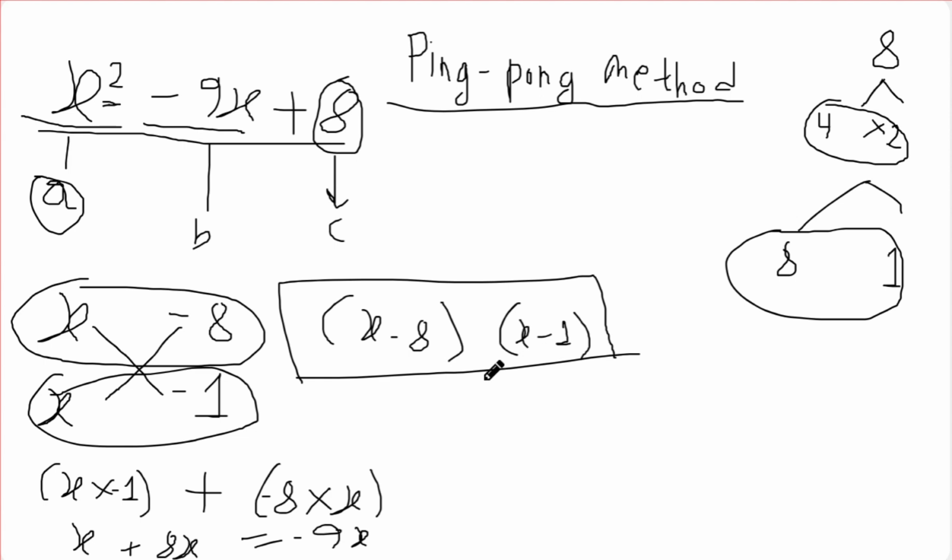And if we were to solve this, then we would write equals to 0 and try solving it. But read the question very carefully. Did it say factorize or solve? If it said factorize, then stop in this step. But if it said solve, then continue. x minus 8, we will take one of the pairs and do equals to 0. x minus 8 equals to 0, so x equals to 8.